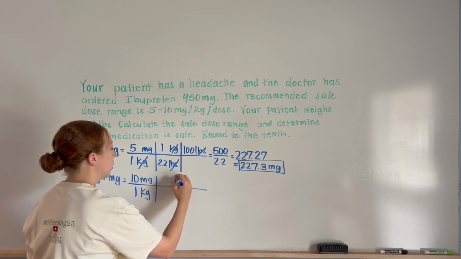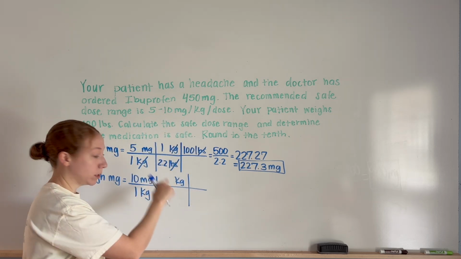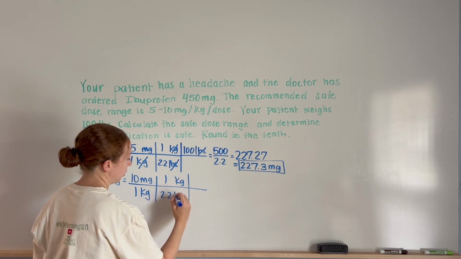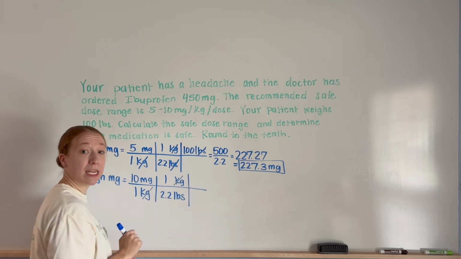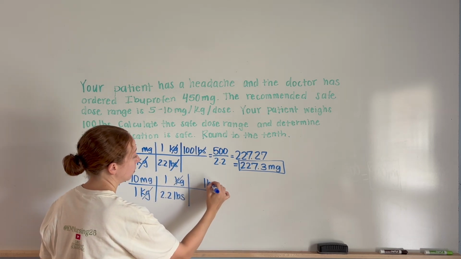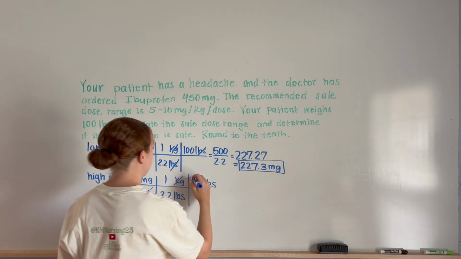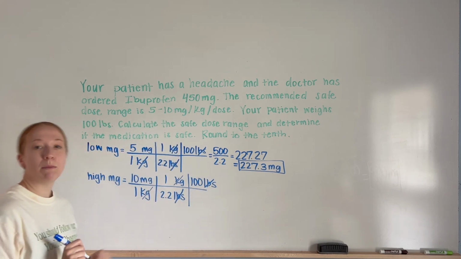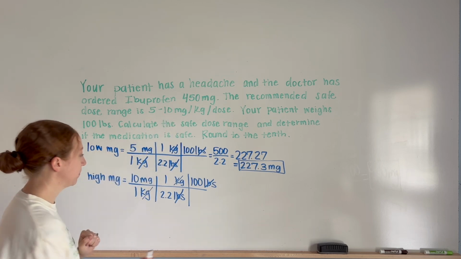I want to put kilograms up top, but I don't have it in my problem, so I'm going to add my conversion in. 1 kilogram is equal to 2.2 pounds. Kilograms cancel. I need to get rid of pounds. Put pounds right up here, and my patient weighs 100 pounds. So we essentially did the same equation twice, just once using the low and once using the high.